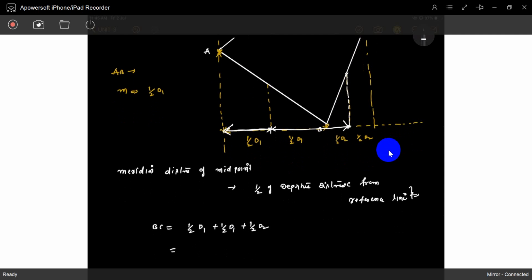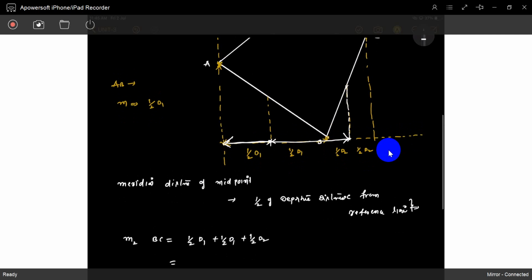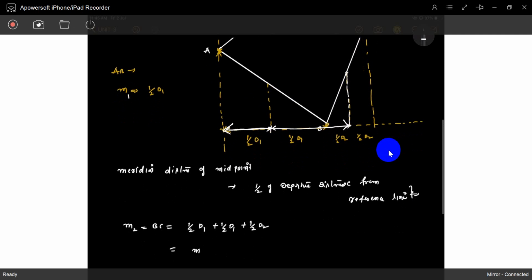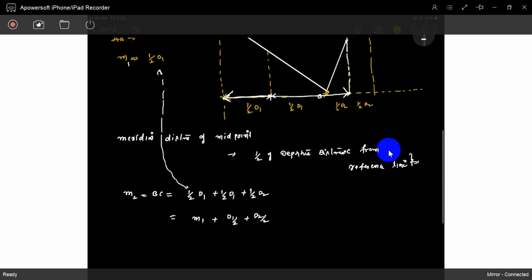I will call it M2, for BC, the second line. So this is M1, the previous line. So M2 equals M1 plus A1 by 2 plus A2 by 2. Same thing, you just check it.